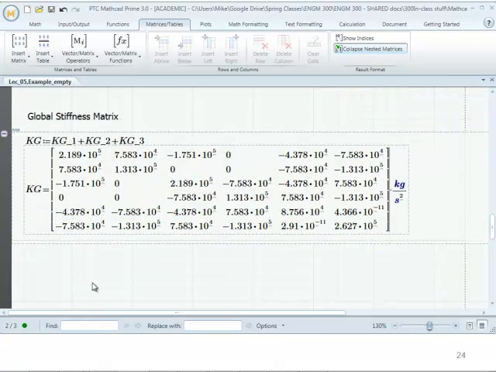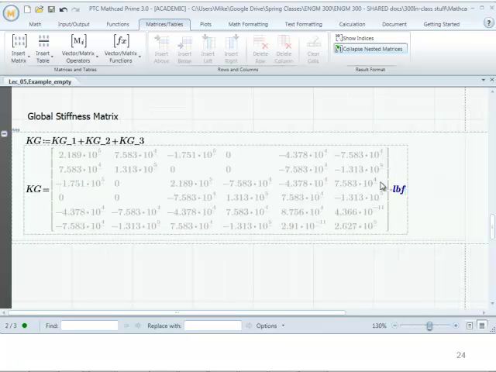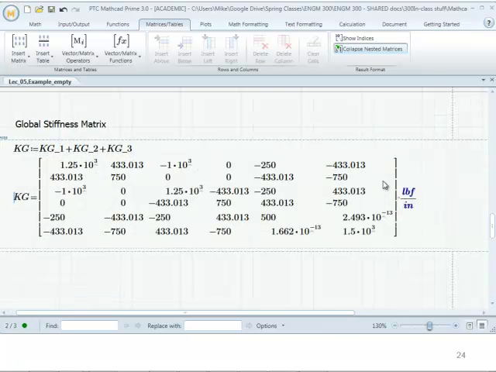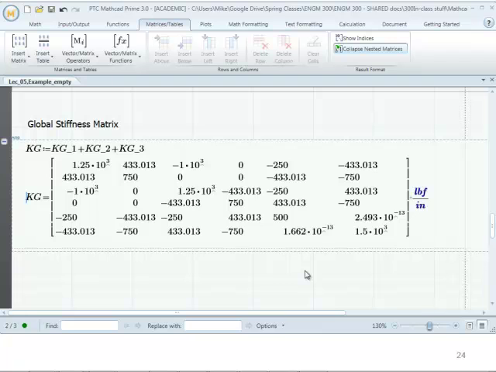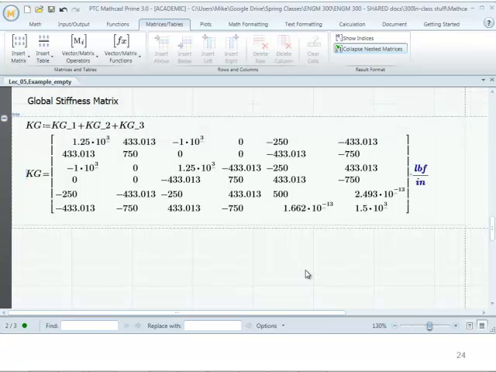But if you do it on the next one, then you can get this, and again, you have to change units. All right, pretty straightforward there.